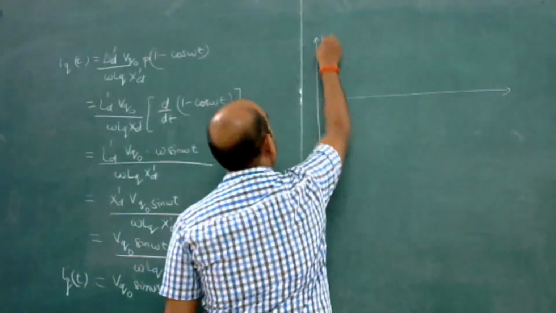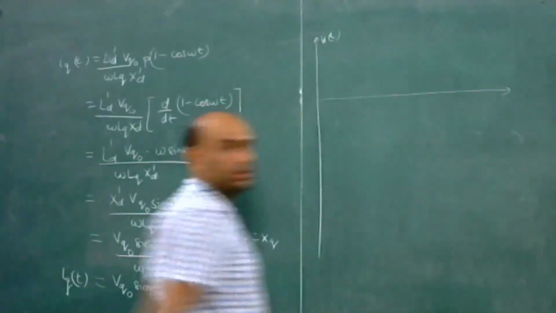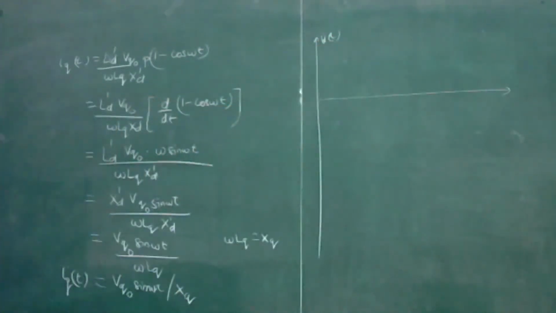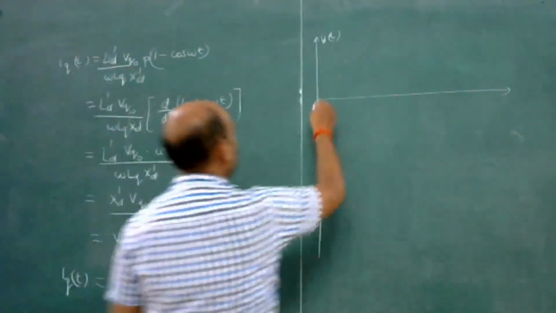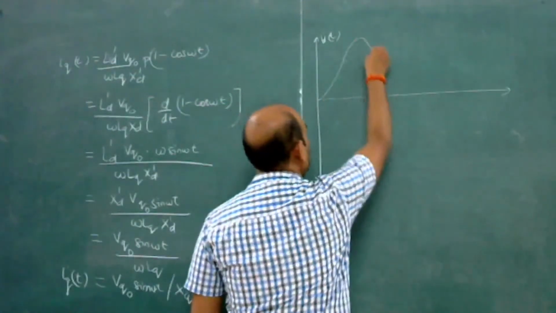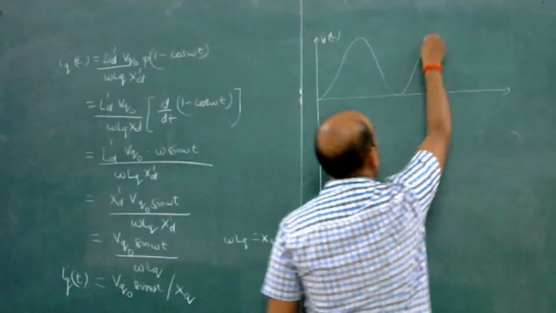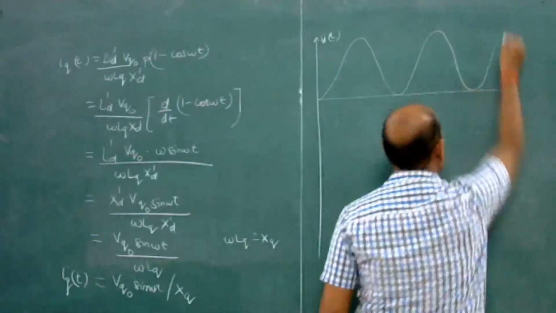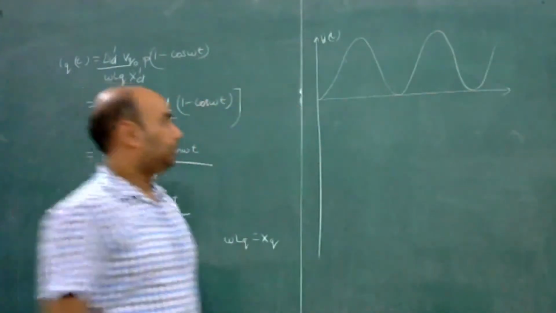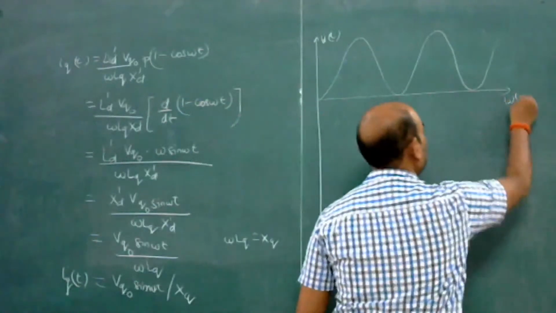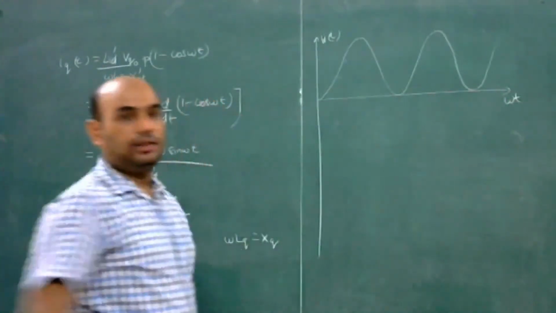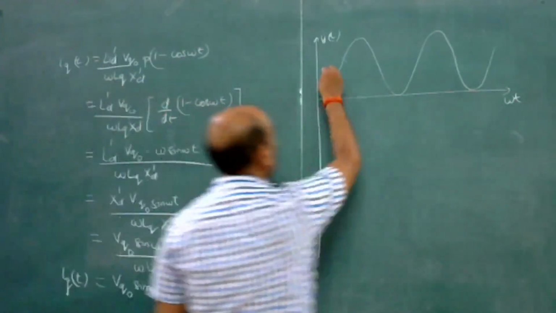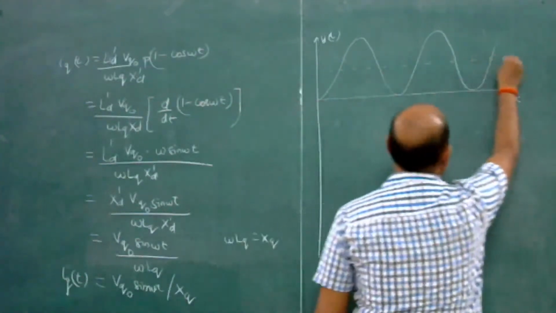So this is IB(t) with respect to time. Okay, so this will vary like this, with omega t. This is ID of t and this is the DC current.